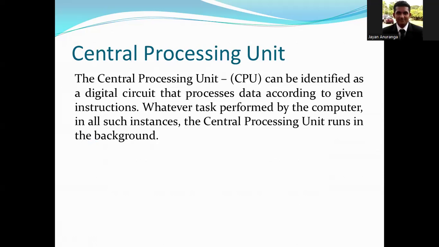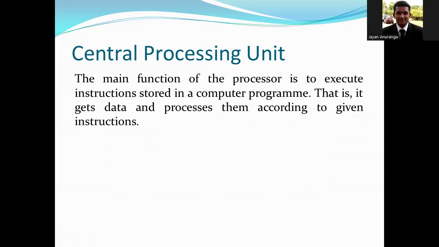Whatever tasks the computer performs, the CPU runs in the background. The main function of the processor is to execute instructions stored in a computer program. That is, it gets data and processes it according to given instructions.